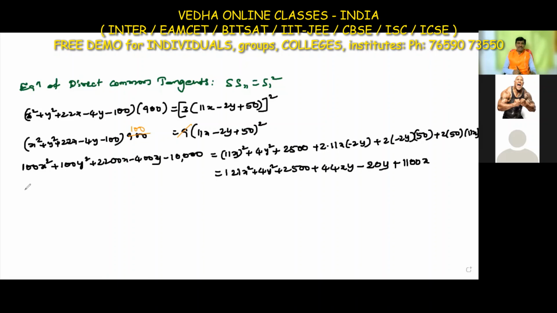The left side we have 100x square plus 100y square plus 2200x minus 400y minus 10,000.